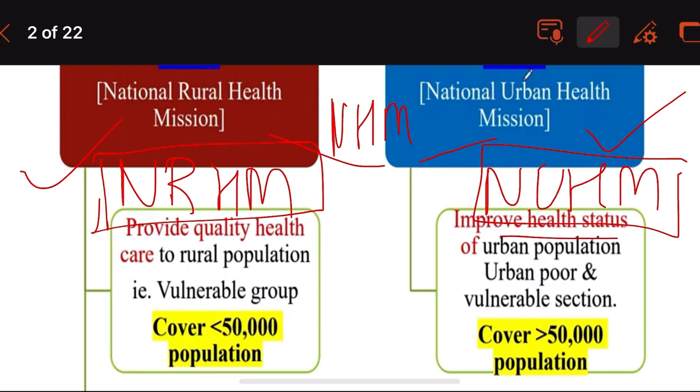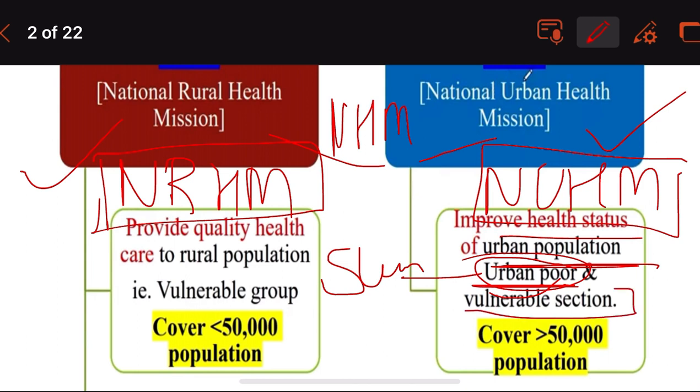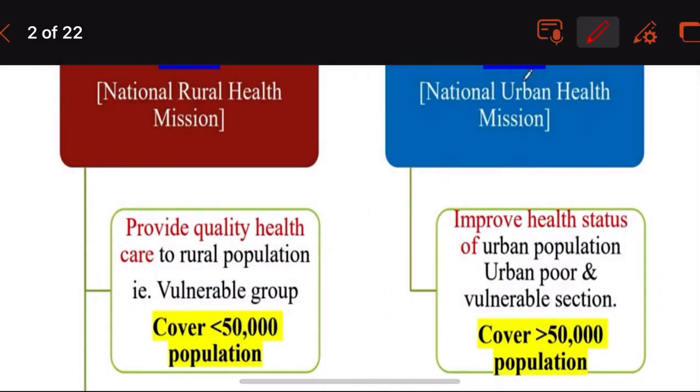The Urban Health Mission improves the health status of the urban population, the urban poor, that is the slum dwellers and poor people, and also the vulnerable sections. The population coverage is more than 50,000.